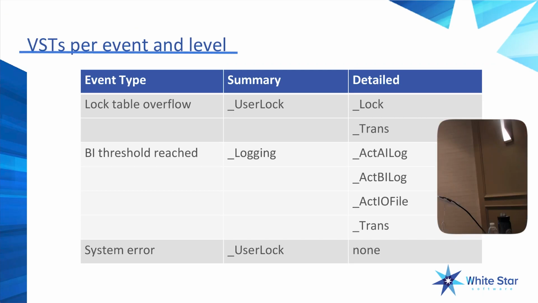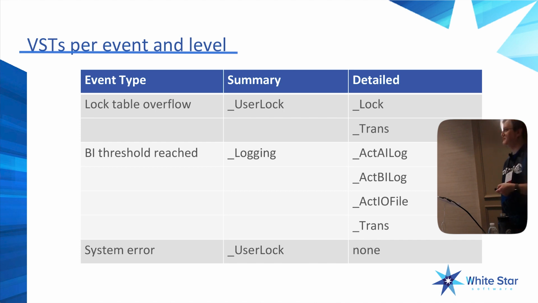So here are the 3 event types and the tables that you get flat files from for summary level and for detailed level. So for lock table overflow, if you have summary level, you just get data from the _UserLock table, which has 1 record per user, at least the users who have record locks.